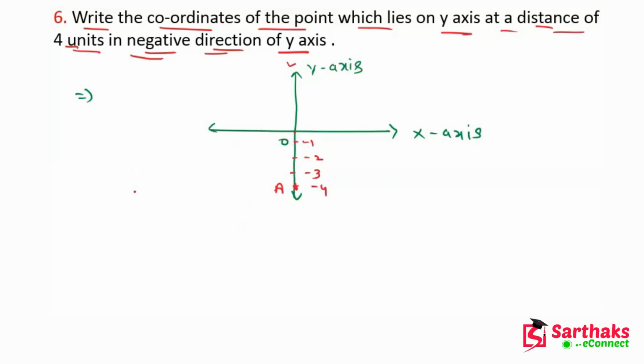So in this case, we can write the coordinate of A. We know that on the y-axis the x coordinate is always 0, so this is 0. Now what is the y coordinate? The distance from the origin to point A is 4, but it is on the negative y-axis, so we can write -4.